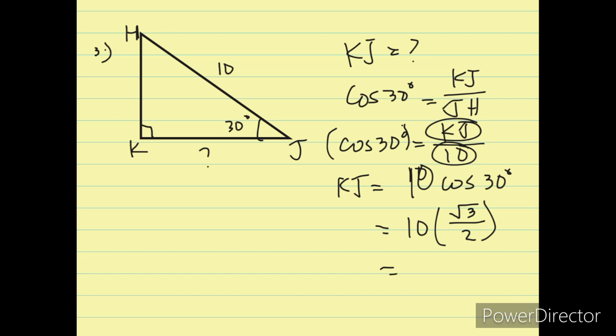So 10 times square root of 3 is 10 square root of 3 over 2. Then 10 divided by 2 is 5 square root of 3. So that's how to solve the special right triangles in finding the exact value of the missing side lengths and the trigonometric ratios of 30 degree, 45 degree, and 60 degree.